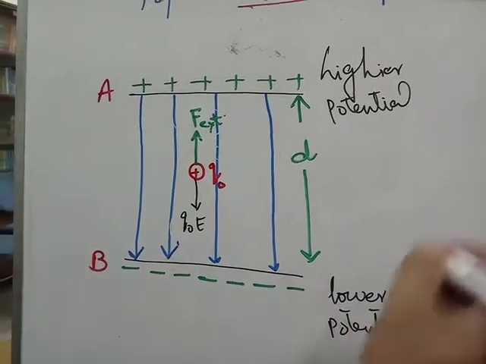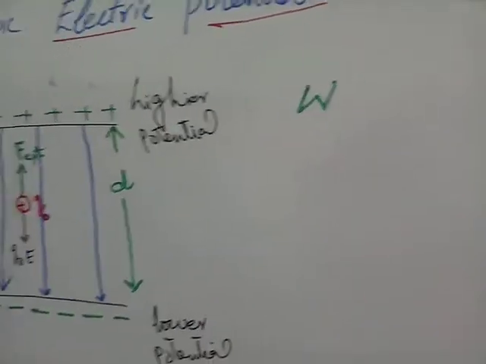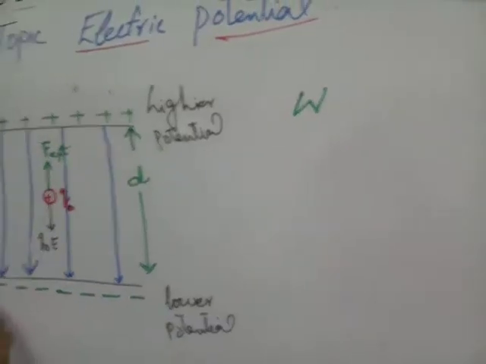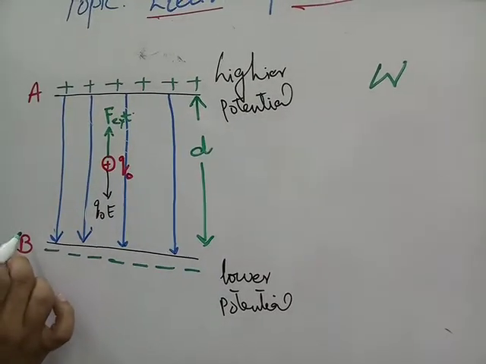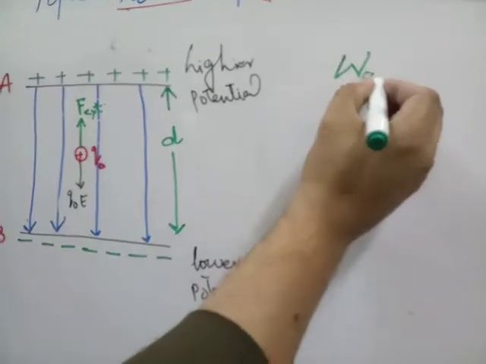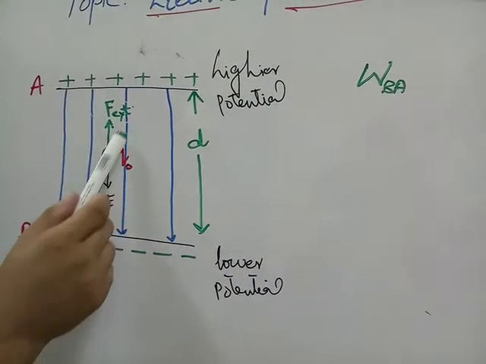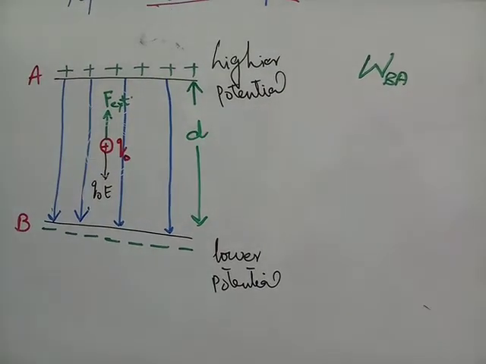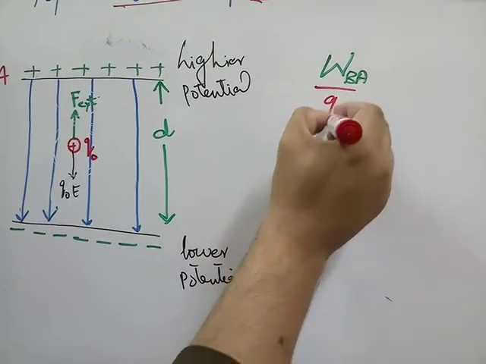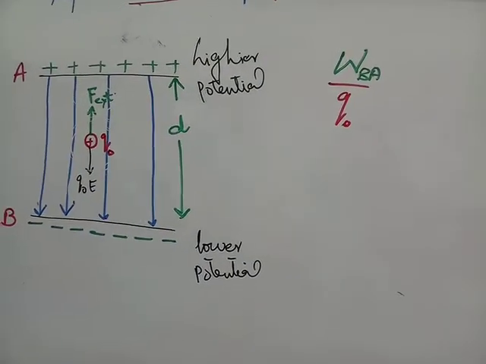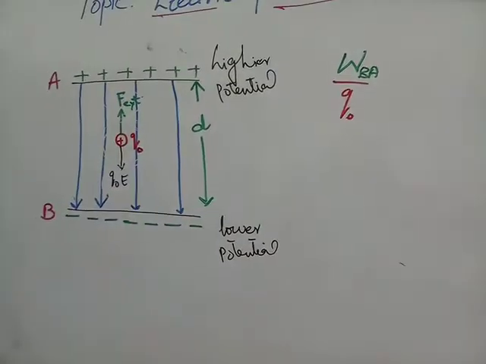So I can write a work done, but this work will be done in the opposite direction of the electric field. It means this is the work done from B to A. This work will be done on a charge Q naught, the test charge, while carrying it from low potential to higher potential.